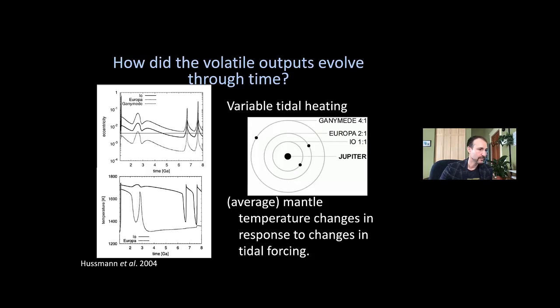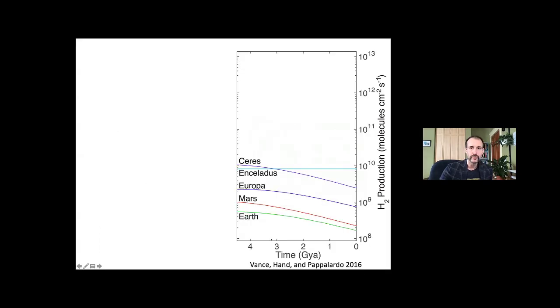In our earlier paper, we portrayed how hydrogen production would have changed through time due to the progressive radiogenic cooling. So this is without consideration of tidal heating or changes of heating through time. You can see there's this progressive decrease in the flux of hydrocarbons, of hydrogen.